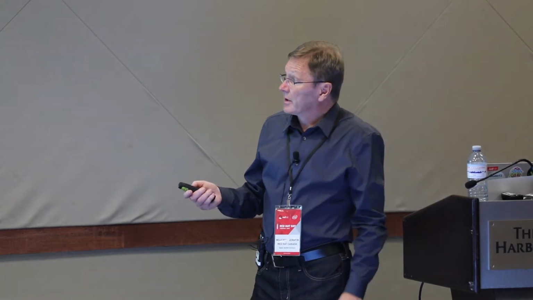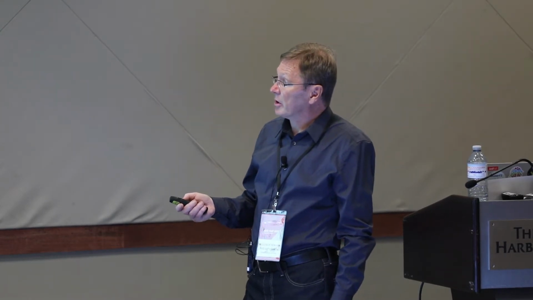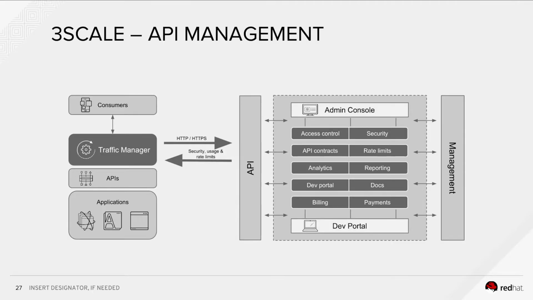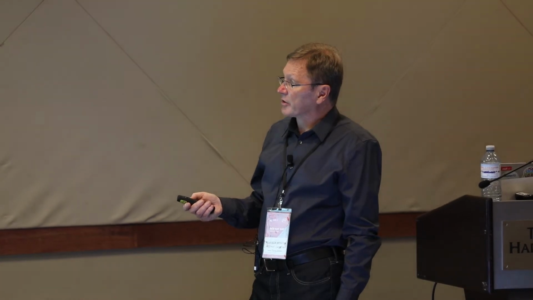So the admin console, first and foremost, provides the access control, where you say who can log into it as well. You can define security for your APIs, enforce consumption price and rate limits, and document your APIs there.